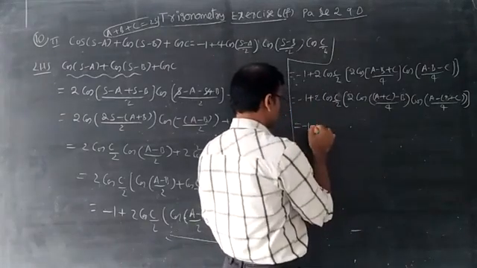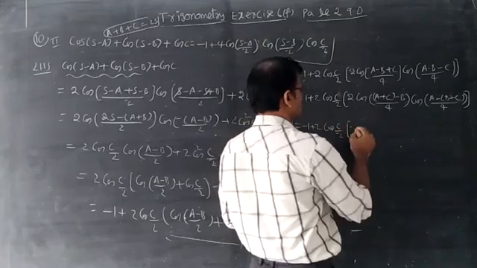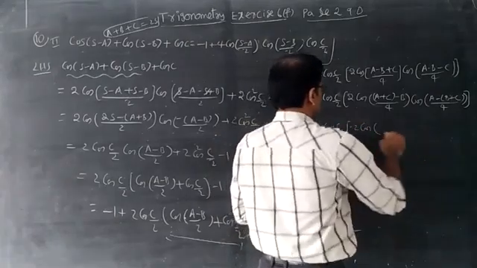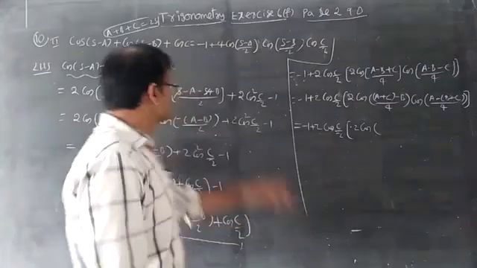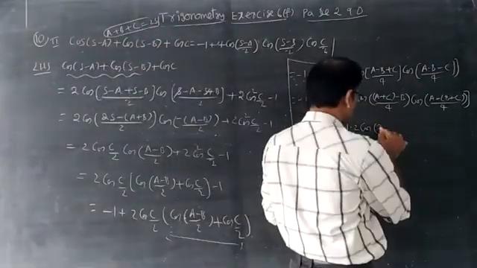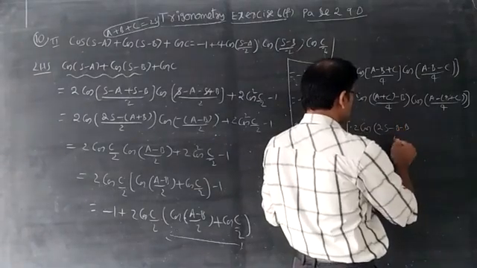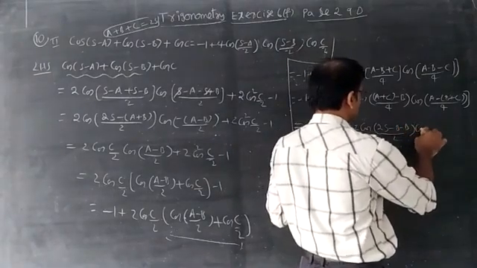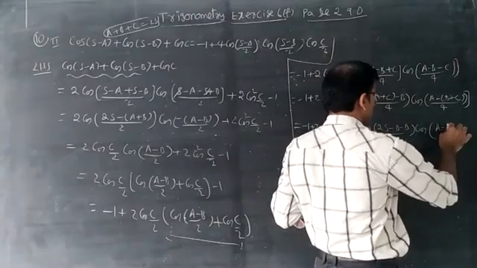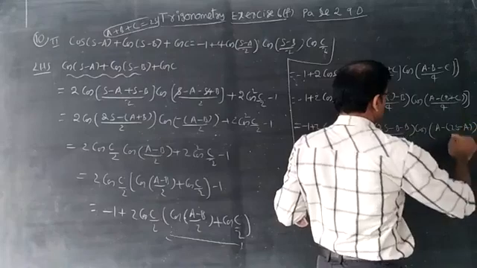That is equal to minus 1 plus 2 cos c by 2 into, you can understand a plus b plus c is equal to 2s, then instead of a plus c you can write 2s minus b, (2s minus b) by 2 into cos of (a minus of ...), this can be understood as (2s minus a) by 2.